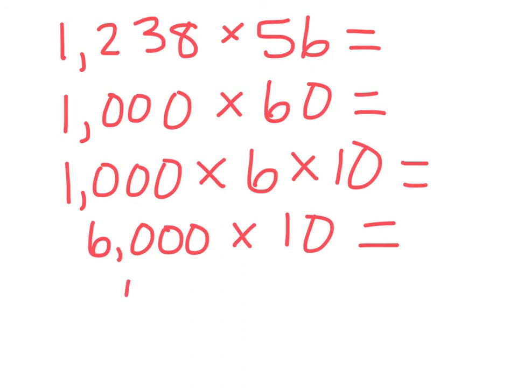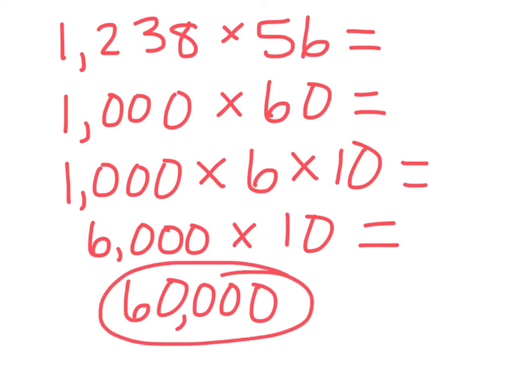Following our tens rule, we simply add another 0 after our 6,000, giving us a final answer of 60,000. So the estimated product of 1,238 times 56 is 60,000.